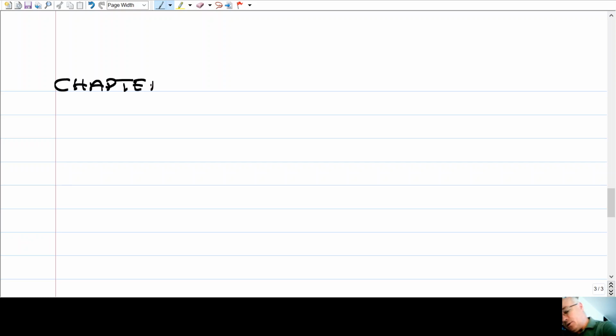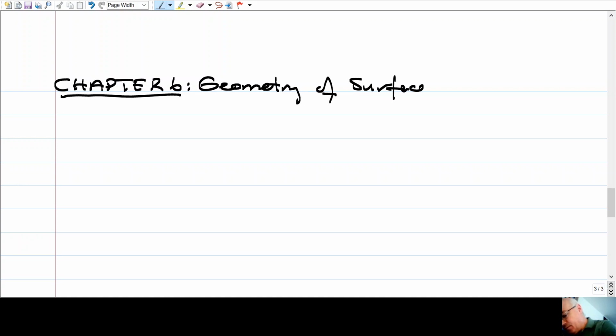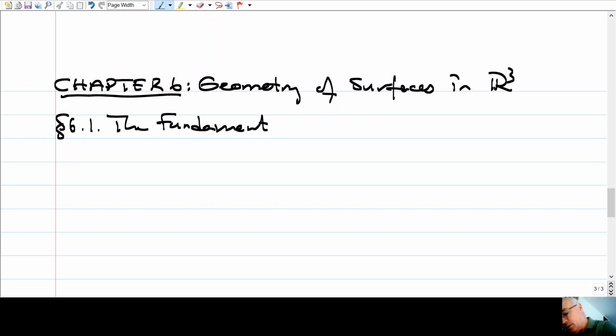Now we will start chapter 6, geometry of surfaces in R3, and the first section is the fundamental equations.